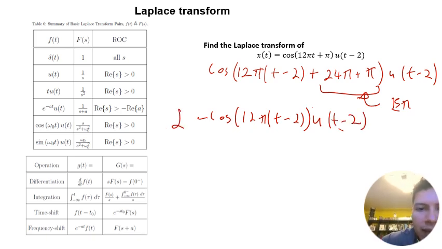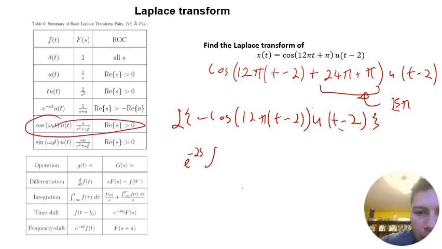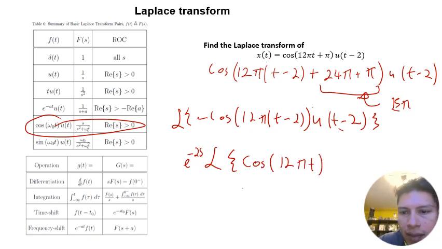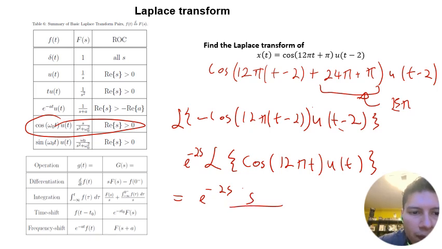So now we take the Laplace transform of this thing, and that's just going to give us e to the negative 2s, the Laplace transform of cosine 12 pi t u of t. And that's just going to be equal to e to the negative 2s s over s squared plus 12 pi squared.